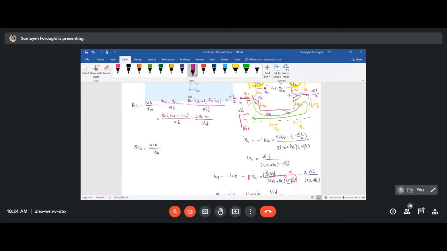And what was IC1 from the equation here? IC1, we found this for it. So instead of IC1 on the top, I'm going to replace that with alpha VID over 2 RE plus capital RE. Then finally, it will be 2 RC over VID times alpha VID over 2 RE plus capital RE.